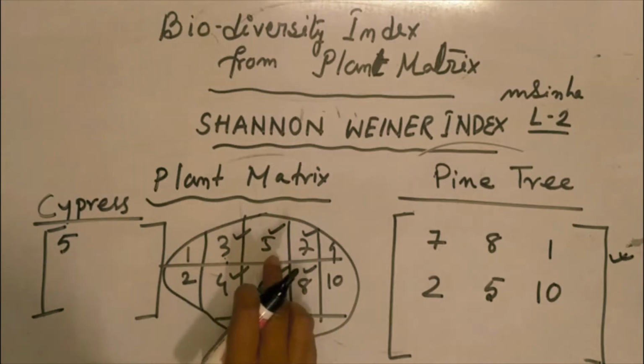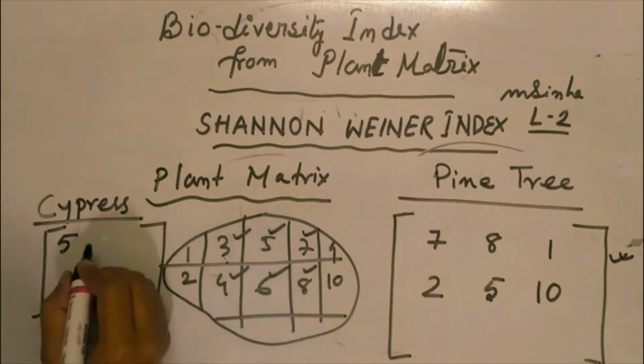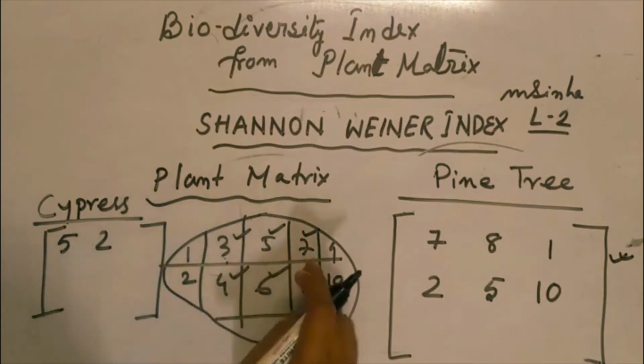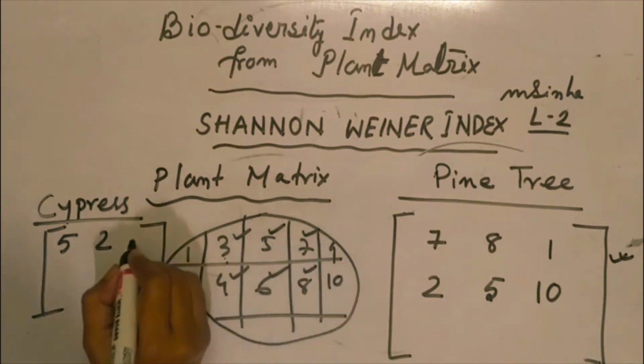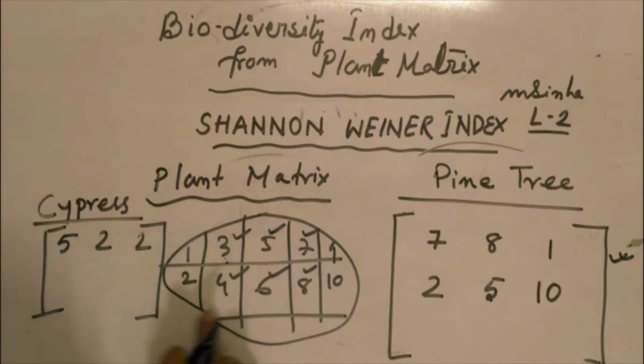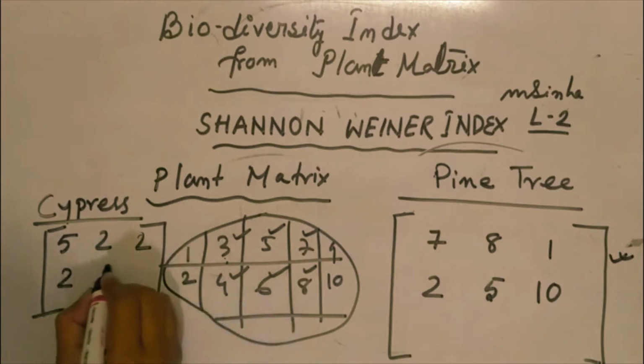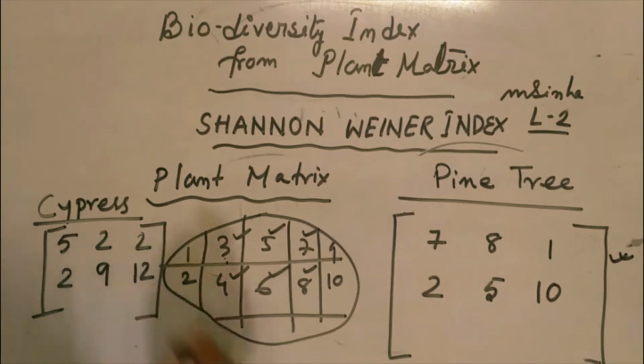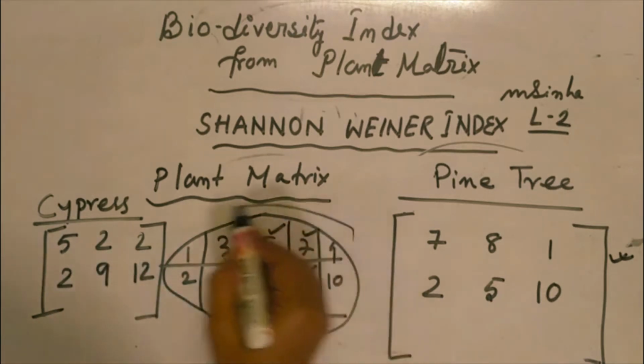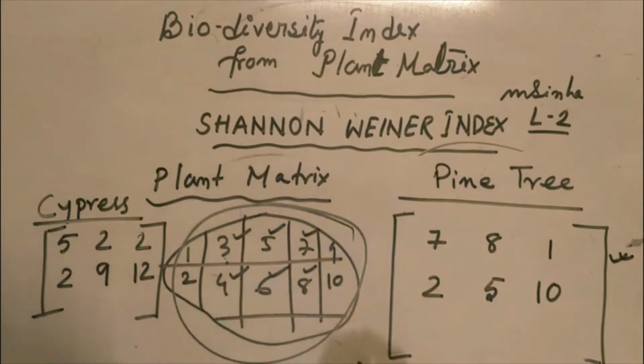Then for grid number 5, the number of cypress trees is 2. For grid number 7, number of trees is 2. Grid number 4, number of trees is 2. For grid 6, the number is 9, and the number is 12. So from this field study, students prepared these two matrices for the pine tree and the cypress tree.